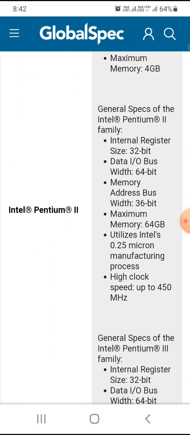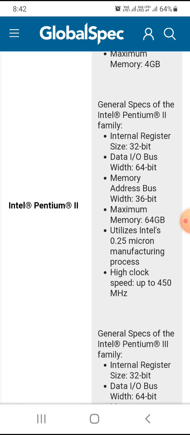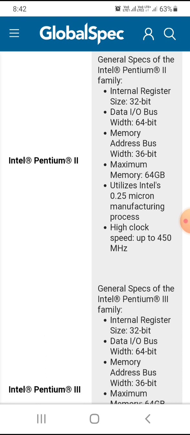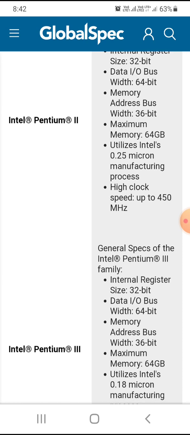Intel Pentium processor. General specs of the Intel Pentium family: internal register size 32-bit, data input output bus 64 bits, memory address bus 36-bit, maximum memory 64 GB. Utilizes Intel 0.25 micron manufacturing process.